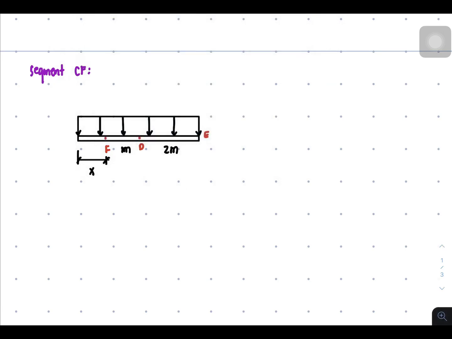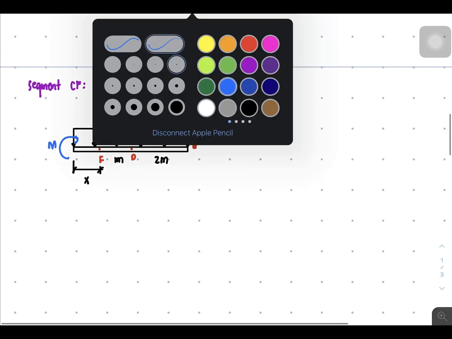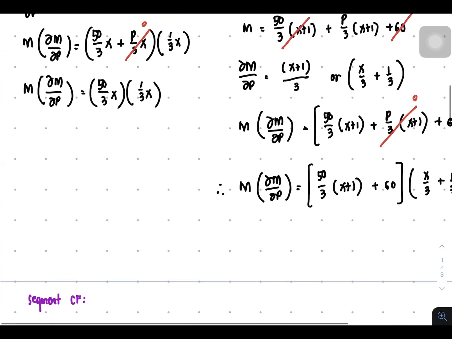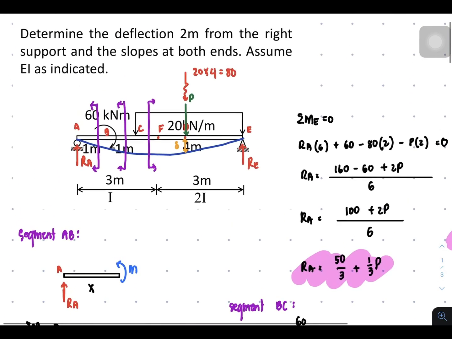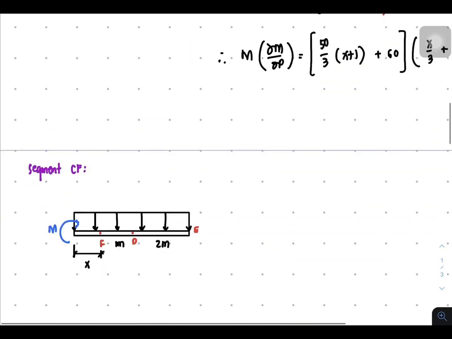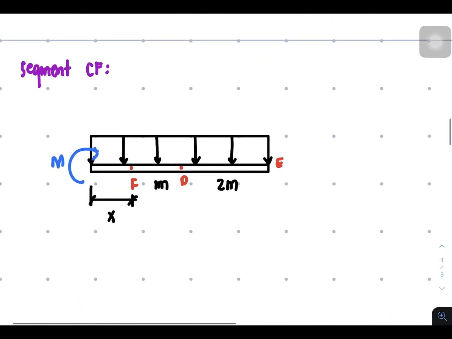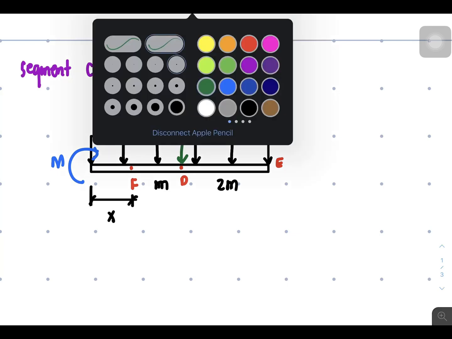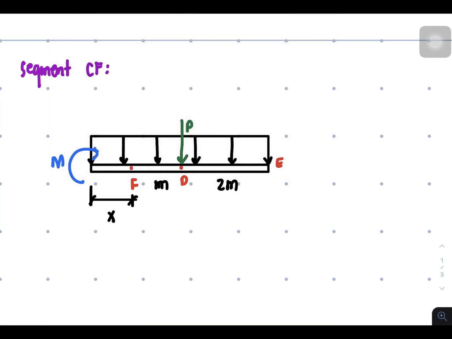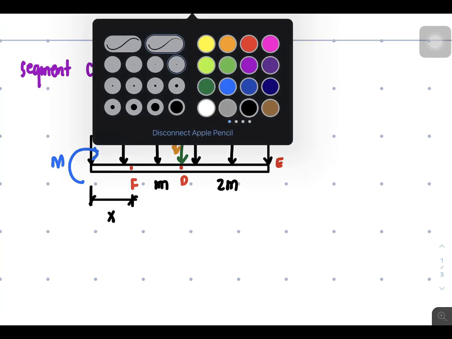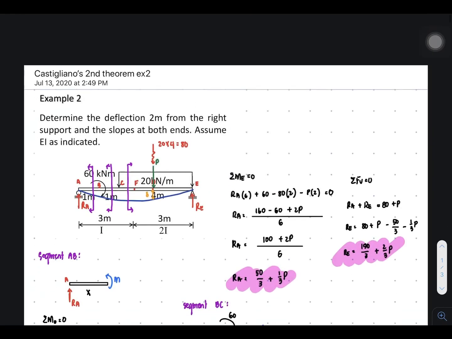And place the M, and do not forget to place the P at D. So do not forget to place the P at point D. And also we have a resultant. So the resultant is equal to, how much is the distribution?